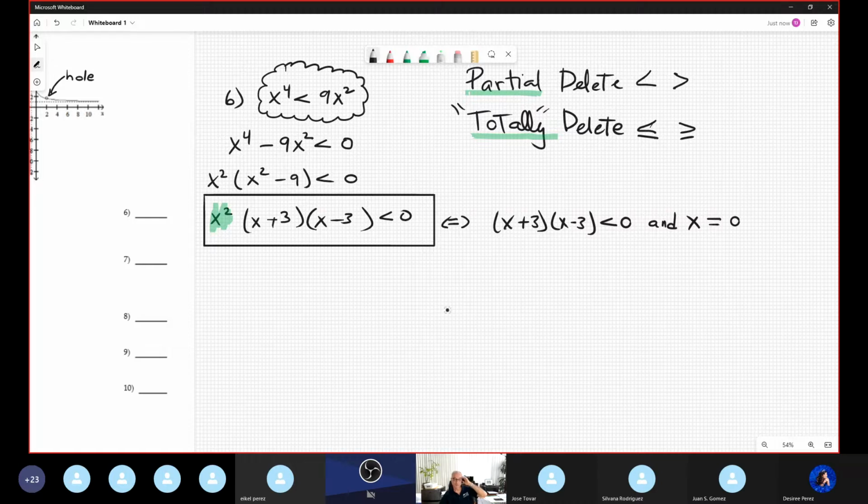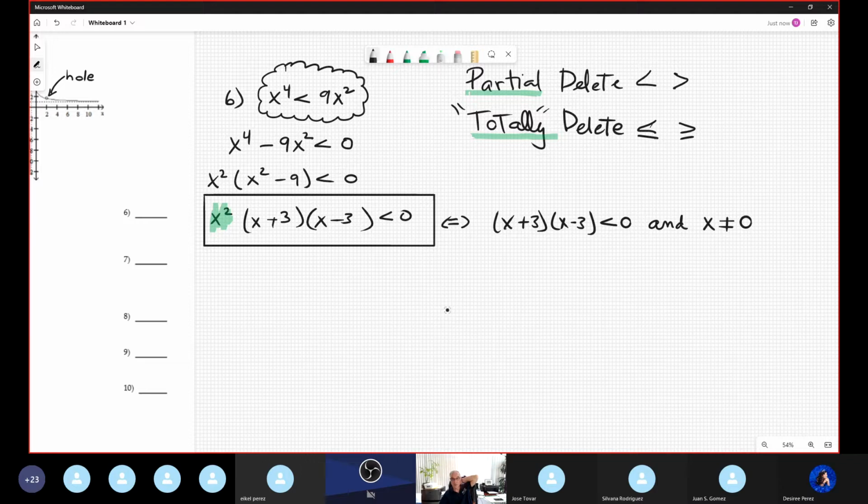Partial delete, that's the idea. If there is an equal sign here, totally delete, and I copy this without that. But no, in this case it's partial delete, and you put x not 0.